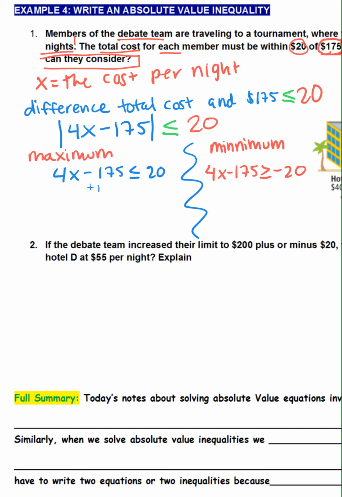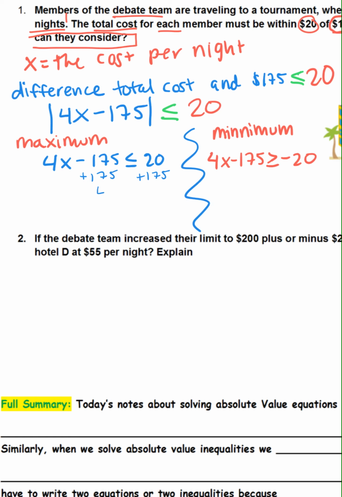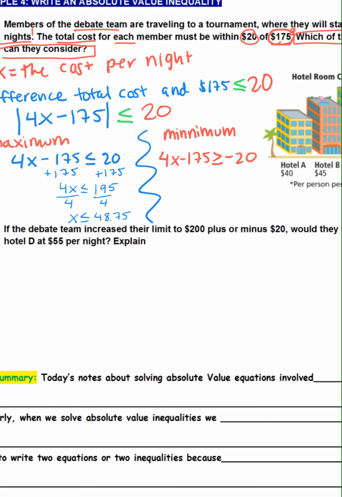First, add 175 on either side, just like always. 175 plus 20 is 195. So I get 4x is less than or equal to 195. Then I'm going to divide by 4 on either side, and I get x is less than or equal to $48.75.